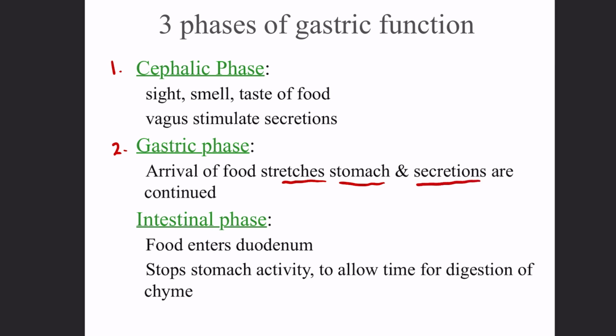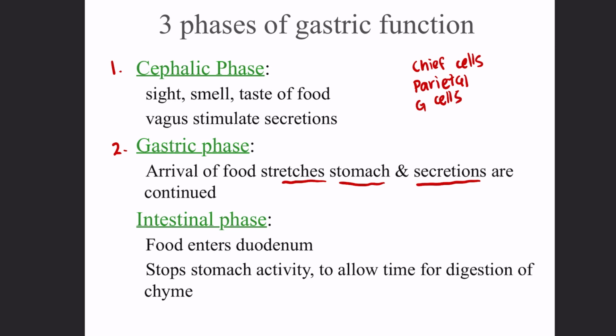So we talked about chief cells secreting pepsinogen. We talked about parietal cells secreting HCl. We talked about G cells secreting gastrin. What else did we talk about?